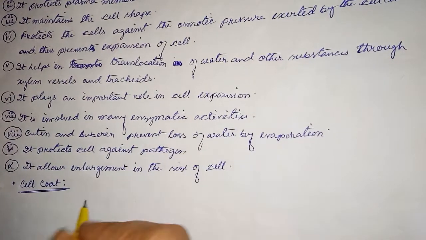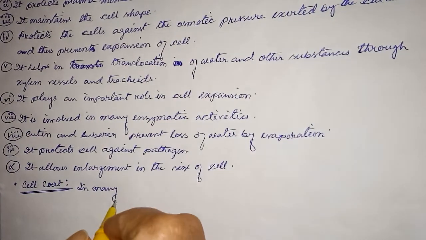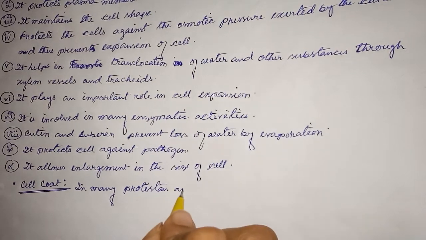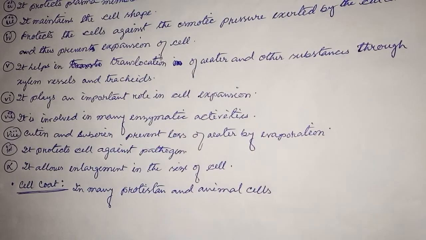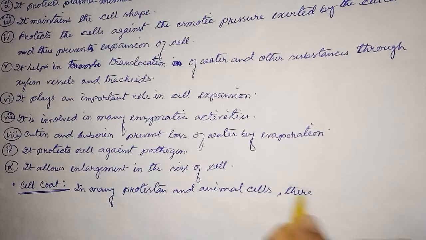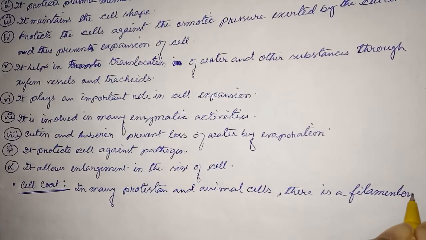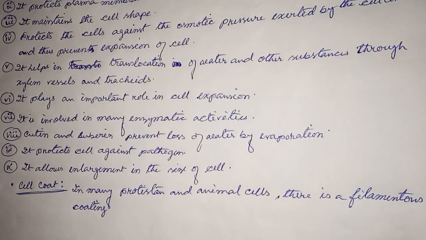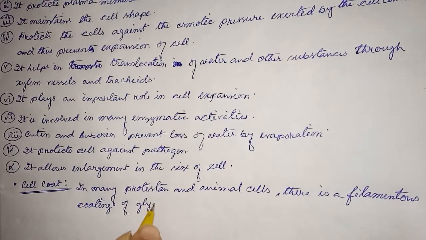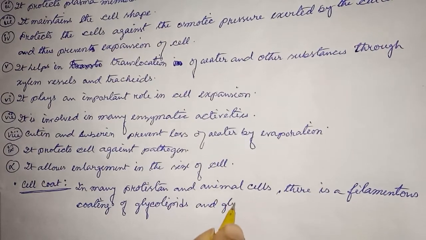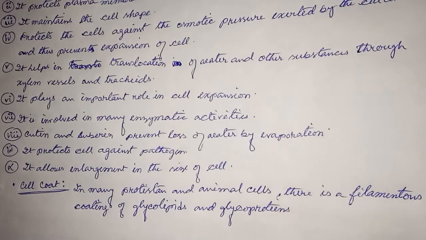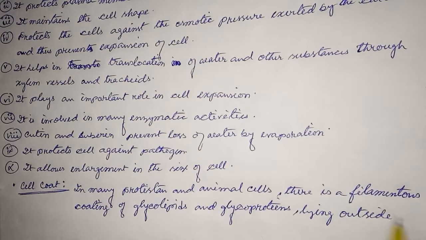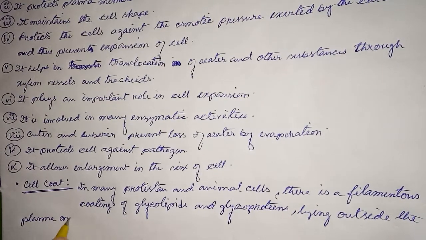In many protistan and animal cells, there is a filamentous coating of glycolipids and glycoproteins lying outside the plasma membrane.